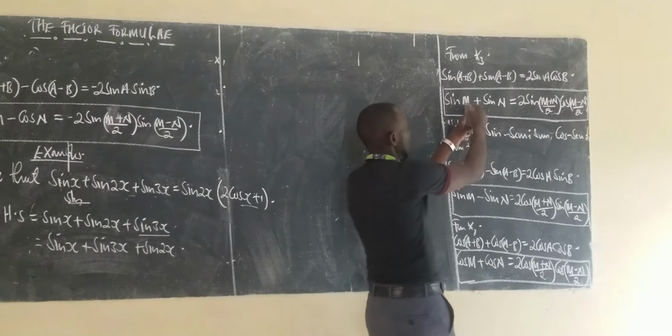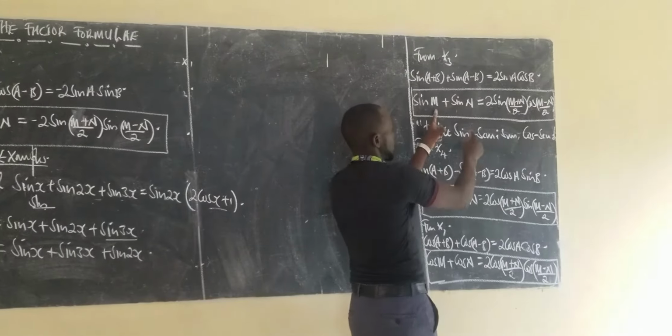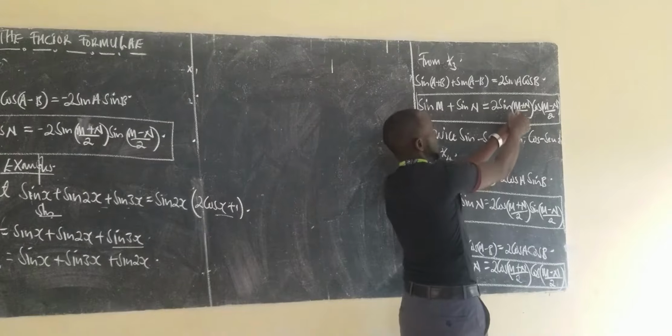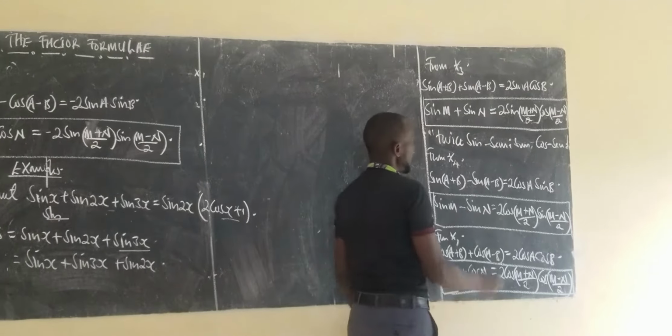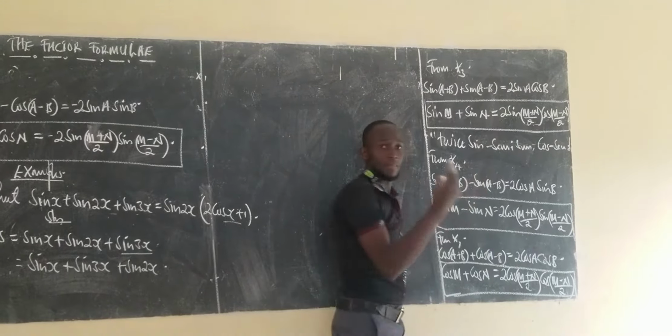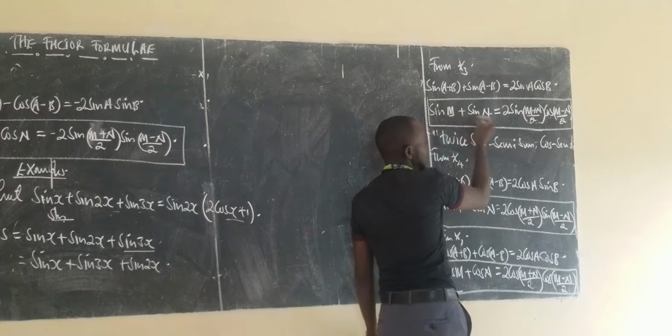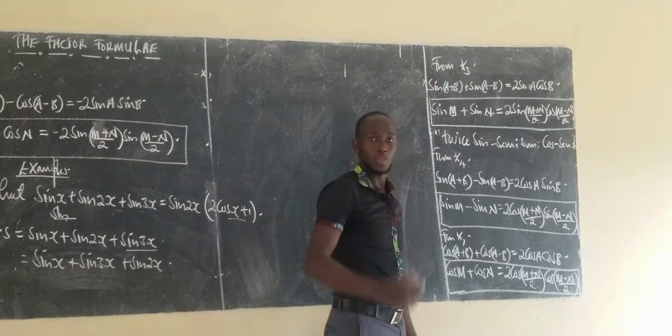We say when you're adding sines, it is twice same sum, cos, same diff. Meaning you add this and divide by 2, as well, get this minus this and divide by 2.